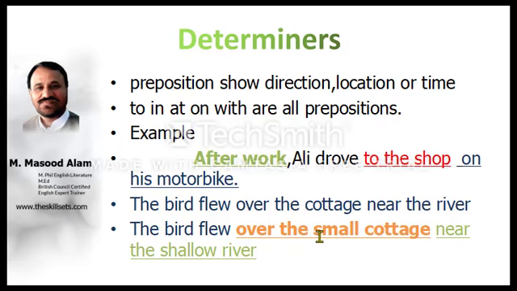The is the article, the definite article, but we can say the is the determiner, and we can further say that the is a modifier as well. And small is an adjective, and an adjective is basically a modifier. Whom is it going to modify? The adjective is going to modify the cottage.